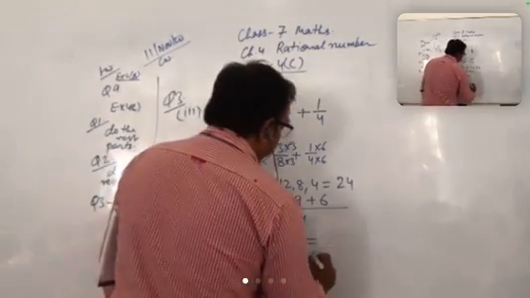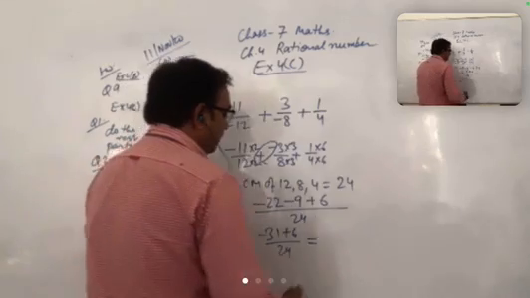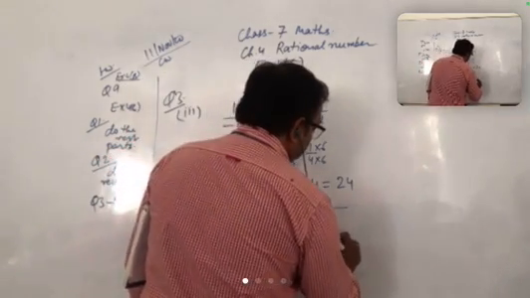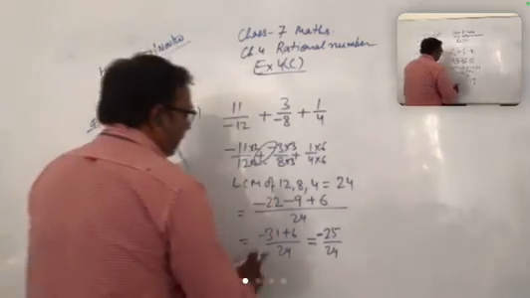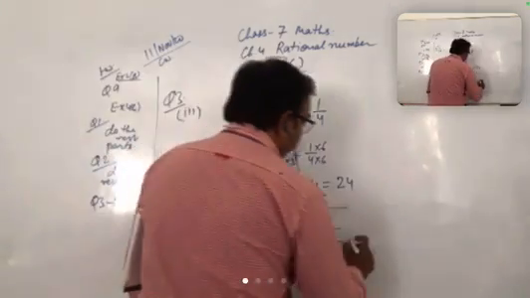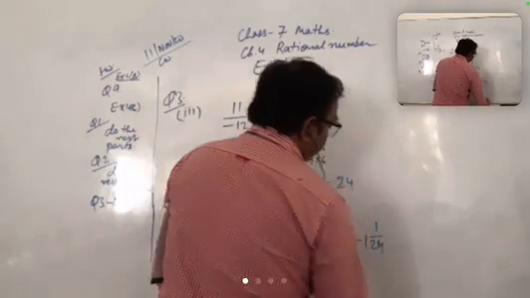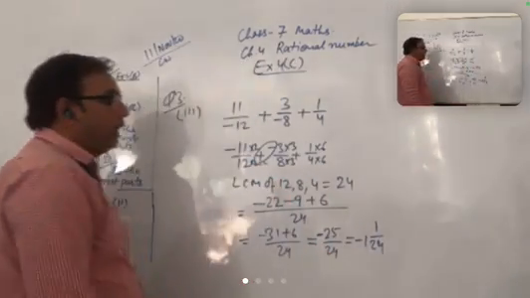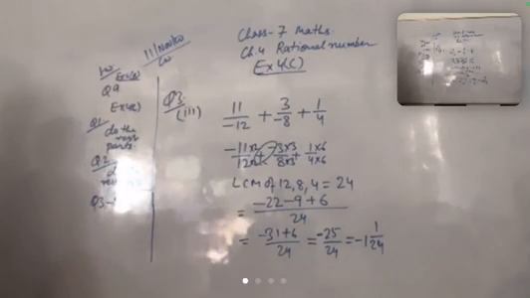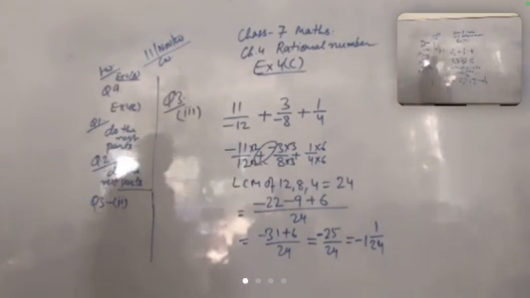Now 31 minus 6 is 25 upon 24, and we put the minus sign because the bigger number is negative. Then we convert it into a mixed fraction: minus 1 upon 24 is the answer for this question. Clear to all or not?